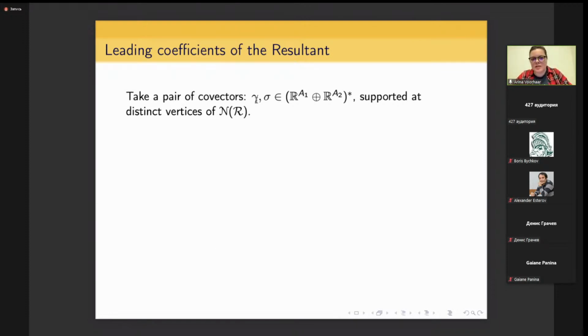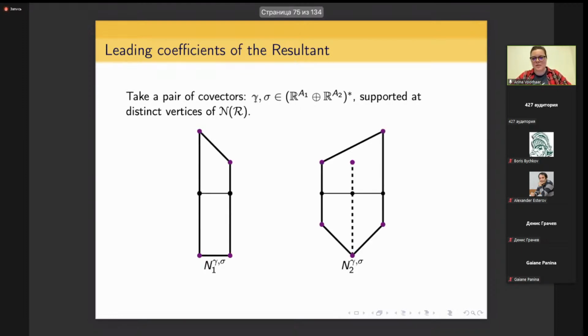Say gamma attains its maximal value at one vertex, sigma attains its maximal value at another vertex. And then the next step is we choose out of these two covectors the one we like and the one we don't like, okay?